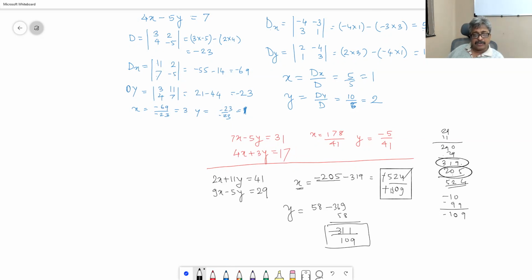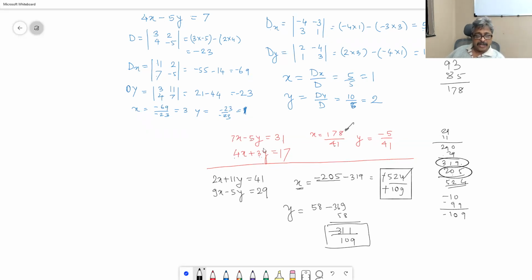Denominator of x and y is going to be the same, which is oral. Minus 10 minus 99, 109. Right? So that is how. Here also you look at it. 3 into 31, 93. 17 into 5, 85. That is your numerator, dx. 178 numerator, directly written here. Denominator 21 minus minus plus 20, 41.